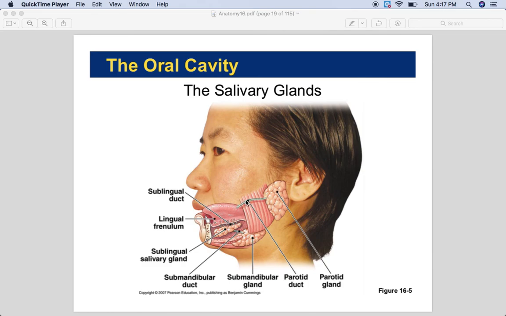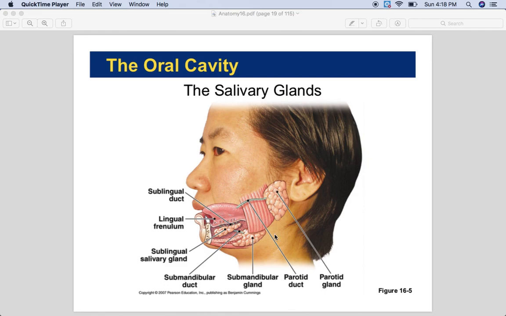I want you to take your tongue and put it on the inside of your cheek. See if you can feel that duct. I can always feel where my duct is, and it seems like it's where you bite your cheek sometimes when you're chewing. But that's the duct that takes saliva from these parotid glands right into your mouth.